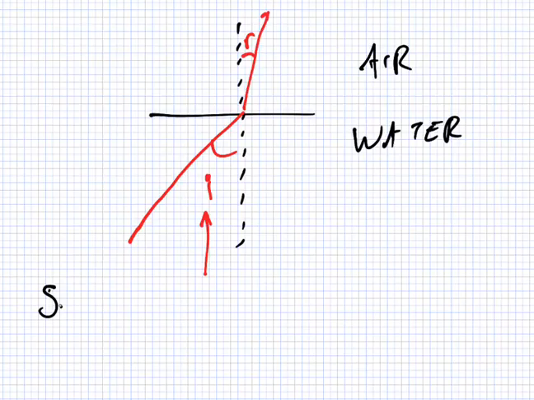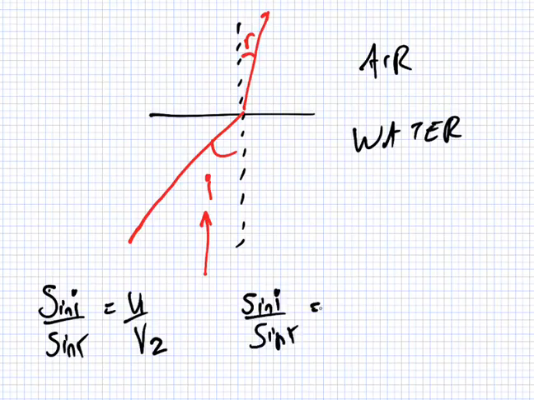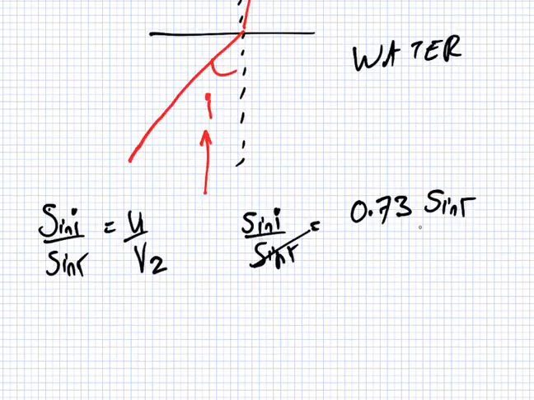So the formula is sine I over sine R equals V1 over V2. So you have sine I over sine R, what was it? 1.36. Are you sure it's V1 over V2? Or is it 0.73? Yeah, okay, so then sine I equals 0.73 sine R. If you want to make this a maximum, you need to make this maximum.